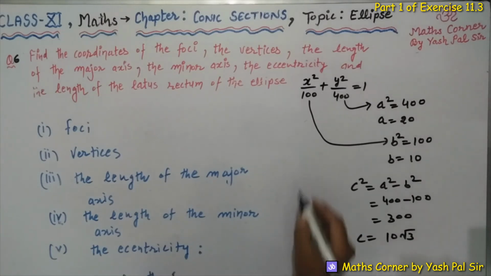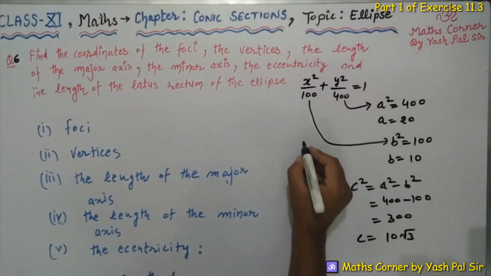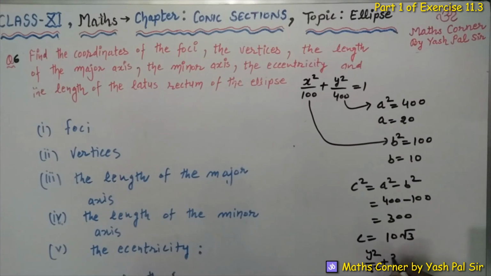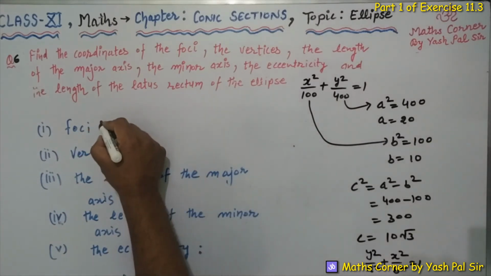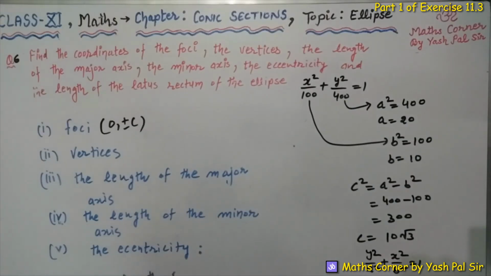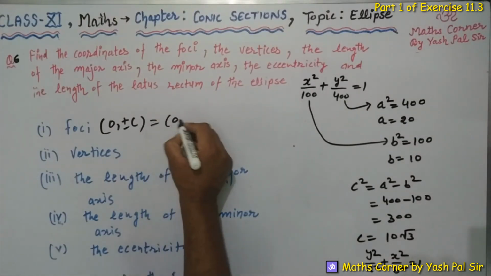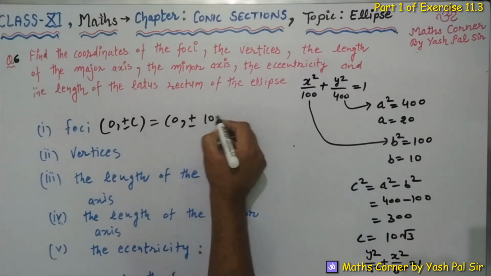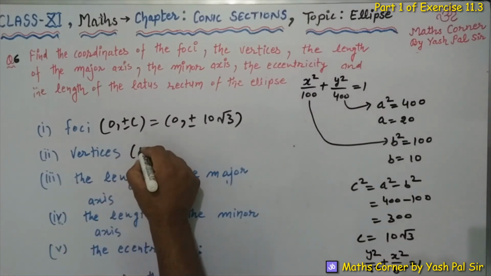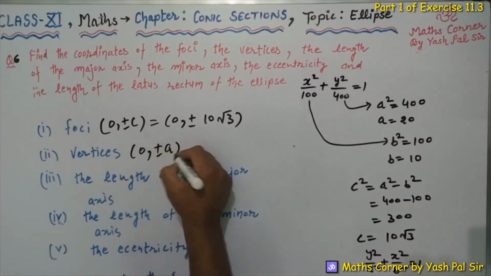Right? Now what we have? We have the equation y square upon a square plus x square upon b square is equal to 1. So from this equation we know the coordinates of the foci. They are 0 comma plus minus c. This becomes 0 comma plus minus 10 square root of 3. Vertices, they are 0 comma plus minus a.